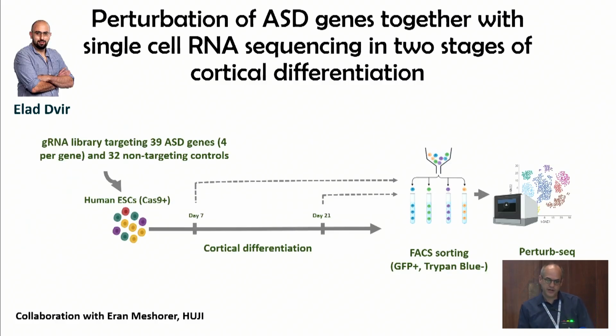So we designed a guide RNA library to target 39 high-confidence autism genes. We also have 32 non-targeting control guide RNAs. They were transfected into human embryonic stem cells, of course, expressing Cas9. And we look at 2 time points, after 7 days and after 21 days of differentiation.